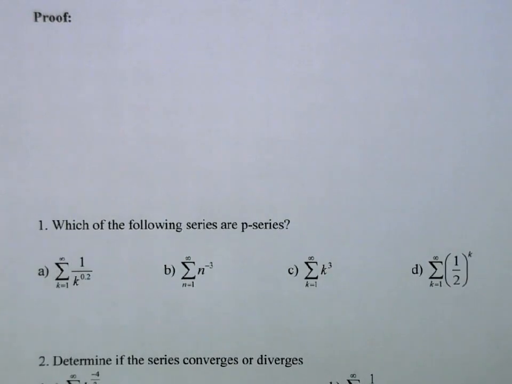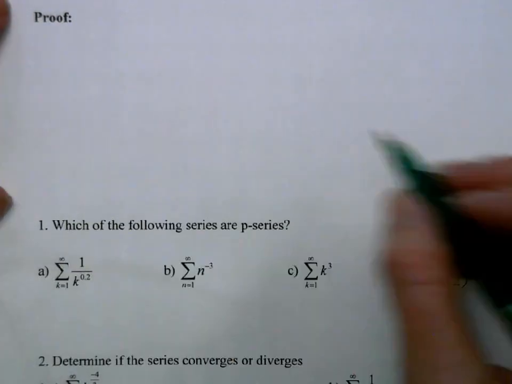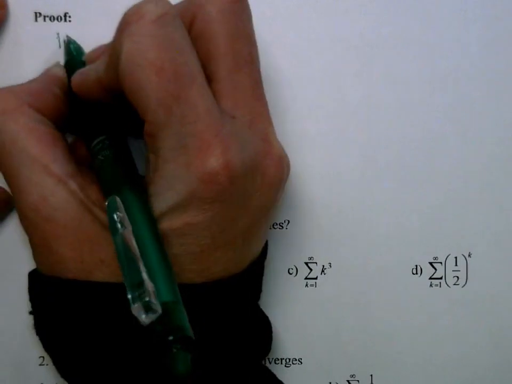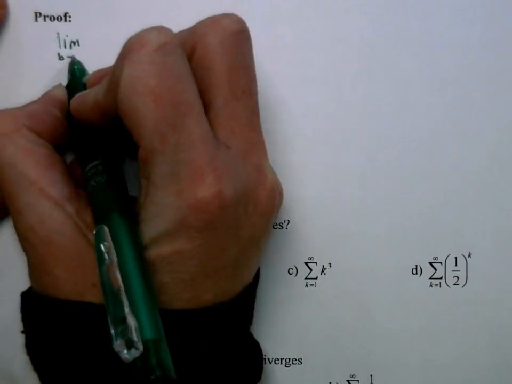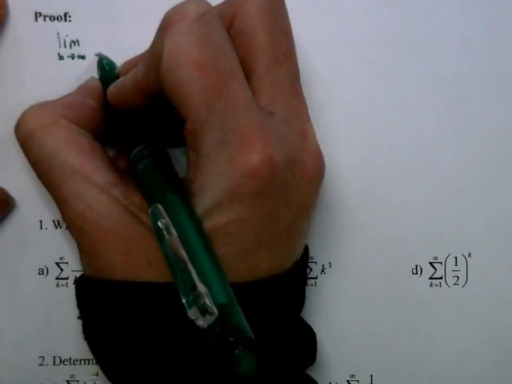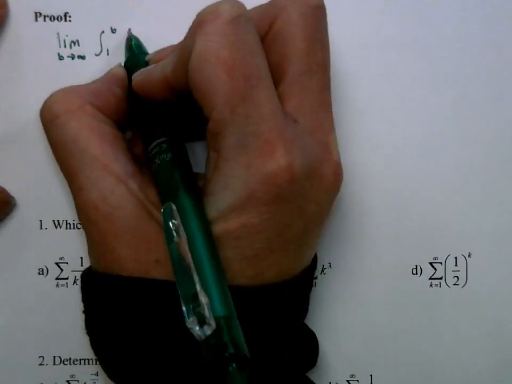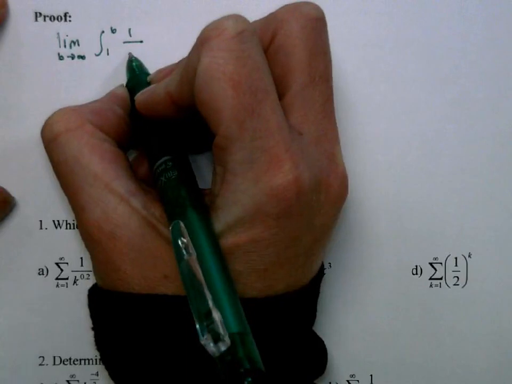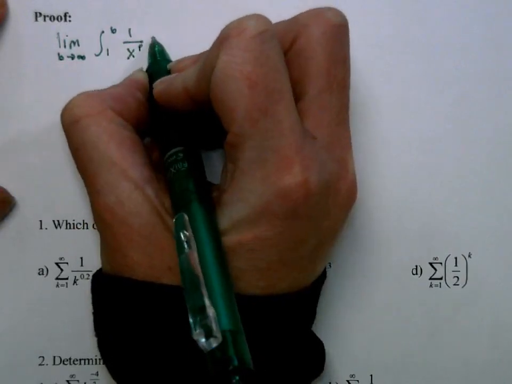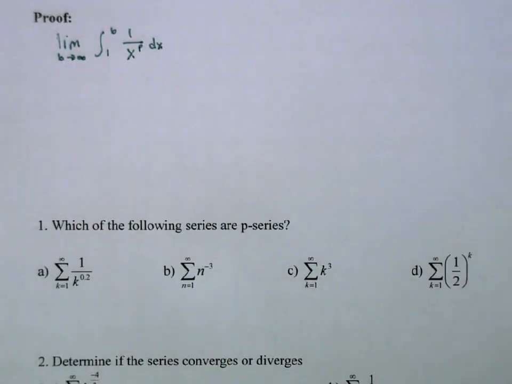So for this proof, we are going to use the integral test. Okay, so we replace our n with an x, and p is some power. Now, it should be noted p will be anything except for 1.